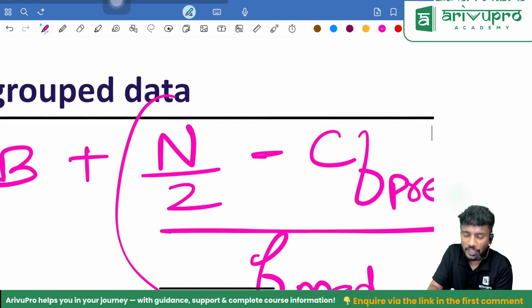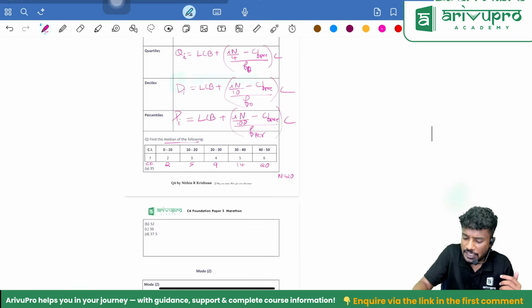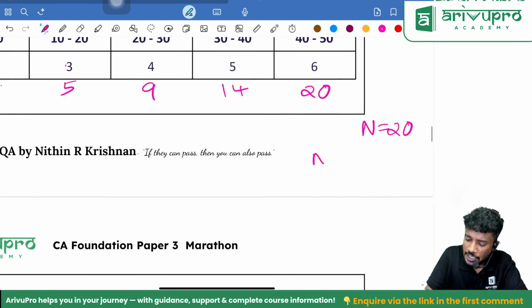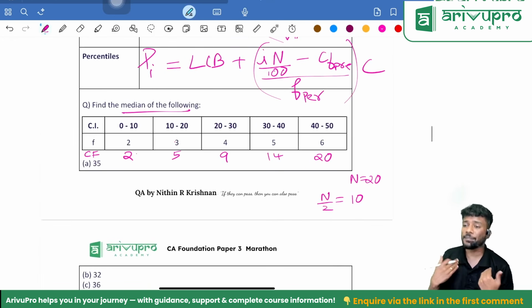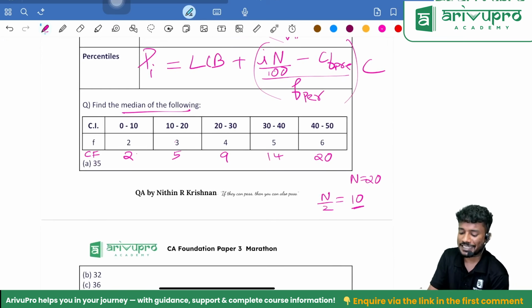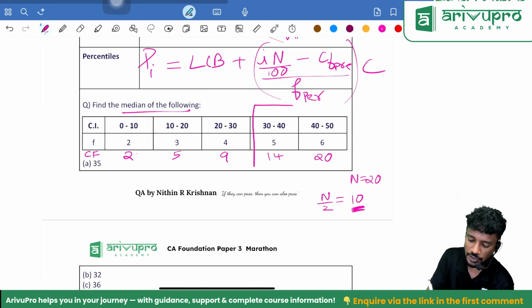Now the next step for finding median: find n by 2. n by 2 is equal to 10. Now we choose our median class. Our median class is the one with cumulative frequency just greater than n by 2. That is 30 to 40.